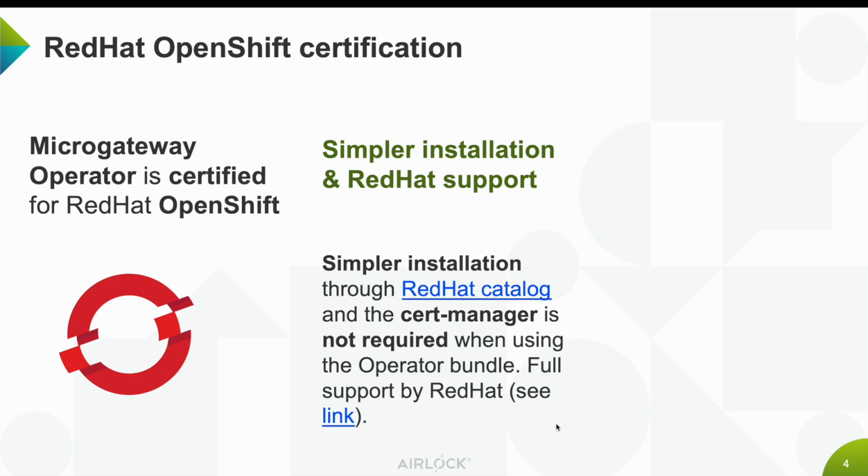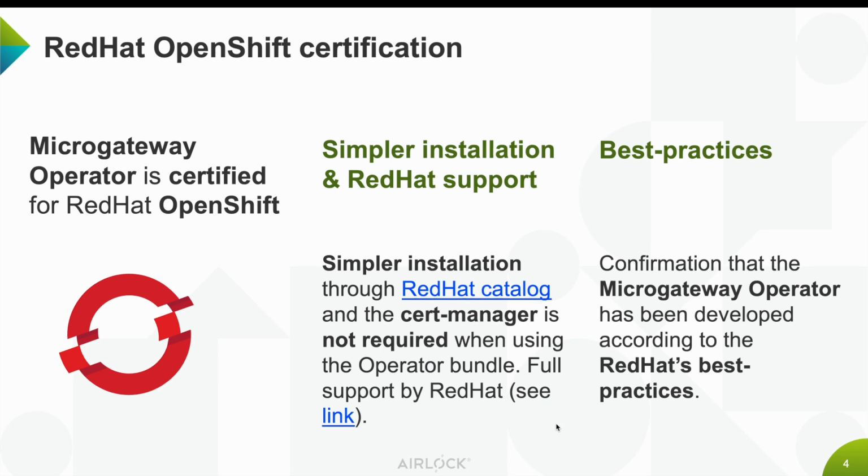The greatest benefit in our eyes is that Red Hat provides full support for certified operators and their containers. With the certification, customers have the confirmation that we developed the Microgateway operator according to Red Hat's best practices.